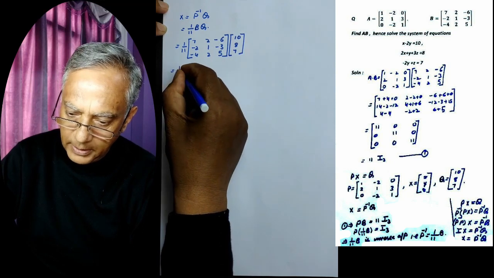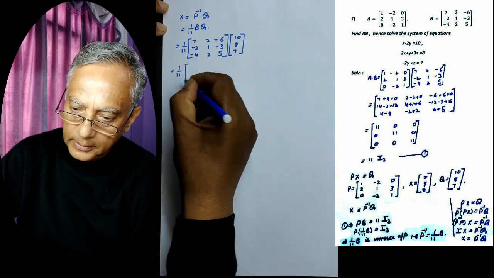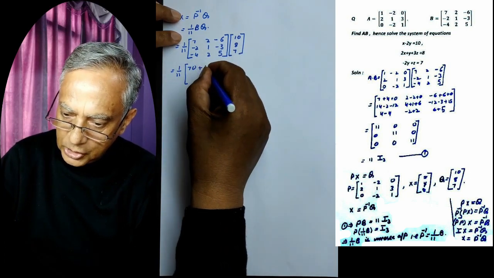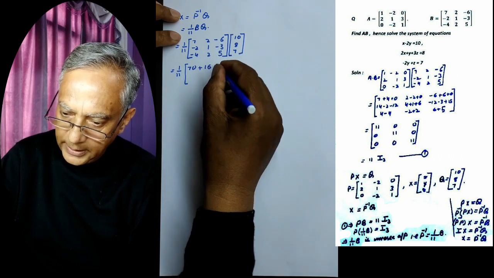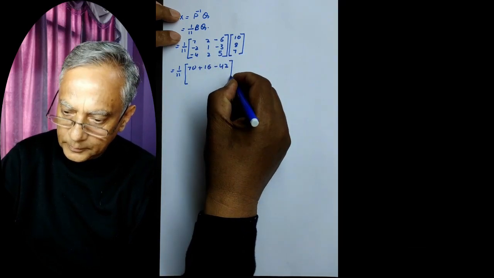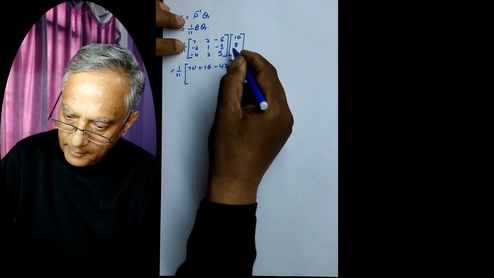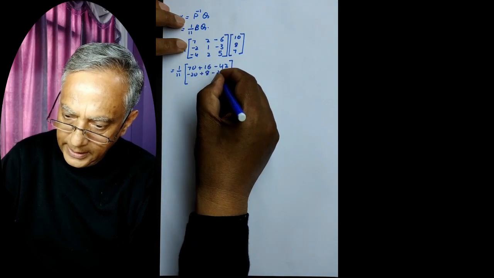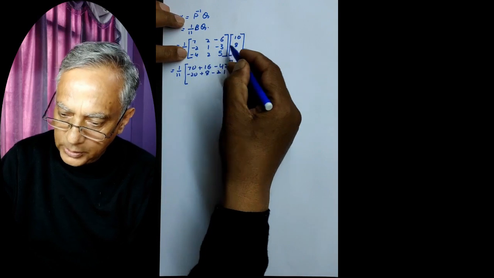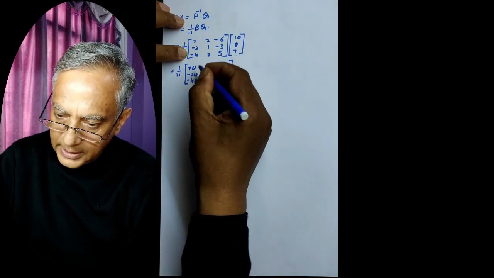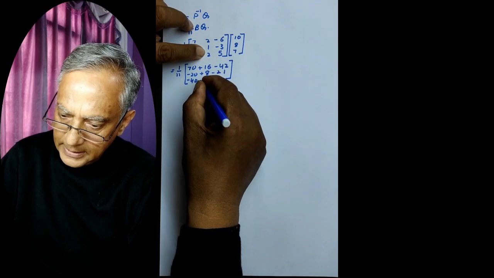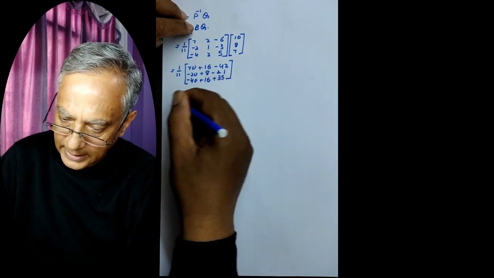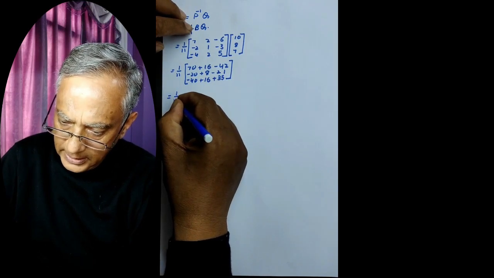So what we get is 1 by 11 into this into this. This will be 70 plus 16 minus 42. This into this, minus 20, 8 and minus 21. This into this, minus 40, first entry with first, second with second, plus 16 and third with third, that is 35.